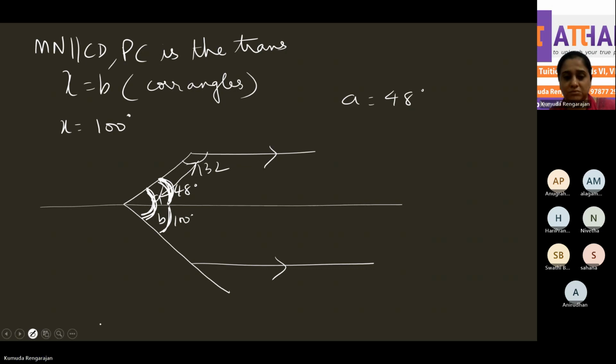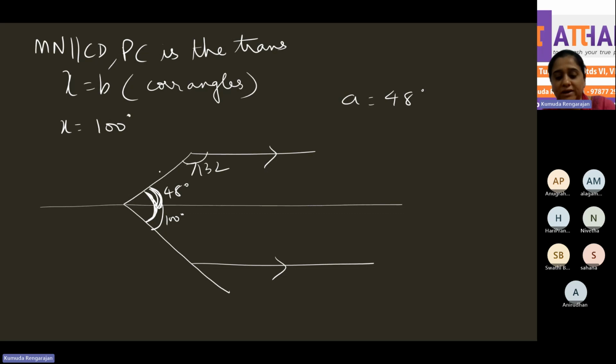Yes or no? We didn't use 148 at all. With the help of 132 degrees, we found this one, allied angles. So we got 48 here. But this whole angle is given in the question as 148. And this one is 48. So the remaining angle has to be 100. That's one part of the answer.